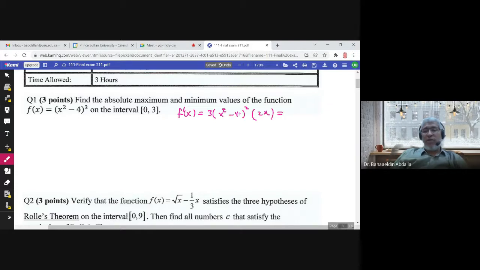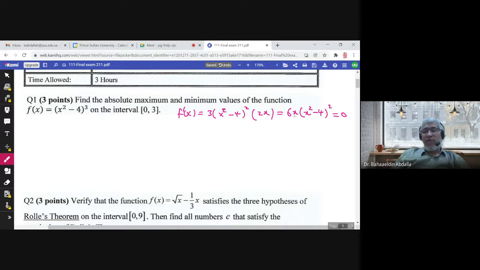So the derivative is 6x times (x squared minus 4) to the power 2. Now to find the critical numbers, I set the derivative equal to 0 and find the zeros of f prime.